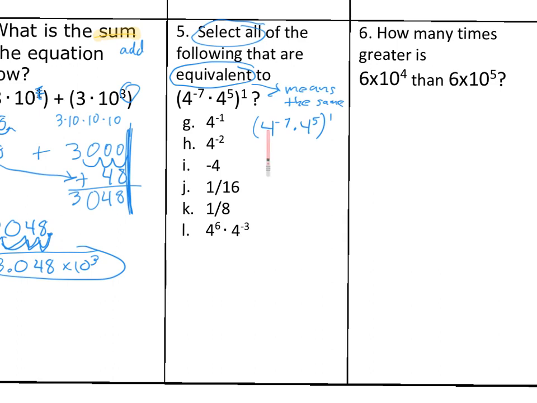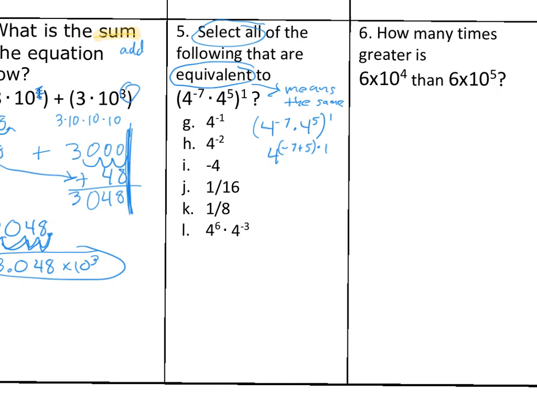Because these two have the same base, the number in front of the exponent is the base. The little smaller number up in the sky we call exponent. And we have something called a power rule when it's on the outside. Okay, so we have 4 to the negative 7 plus 5, because they're inside the parentheses, times 1 on the outside.